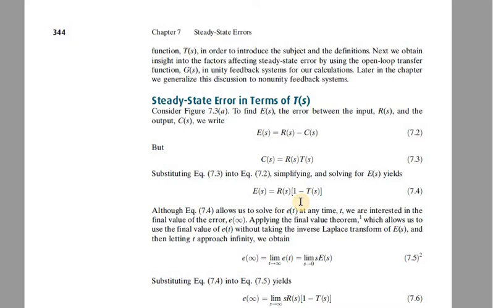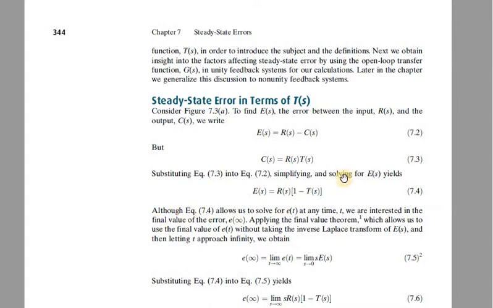Now because we are looking for steady state error, or in other words, error when transient responses are over, we use the final value theorem, FVT, which we studied with the Laplace transform. The final value theorem helps us identify the steady state value of the output, so here we can apply it to calculate the error value.